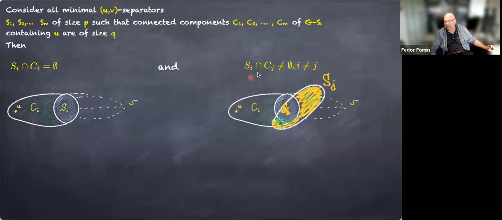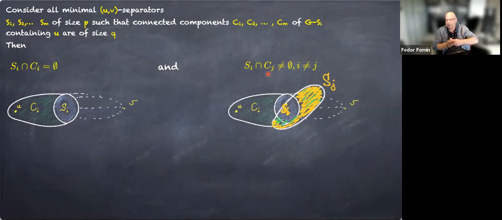However, if I take components and separators with different indices, because the components are of equal size, all of them of size exactly Q, and all of them contain the vertex U. So how many components of size Q which contain vertex U could there be? Well, there could be many of them.